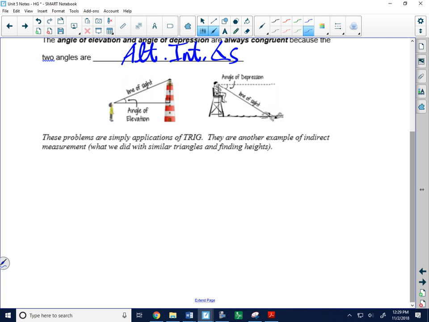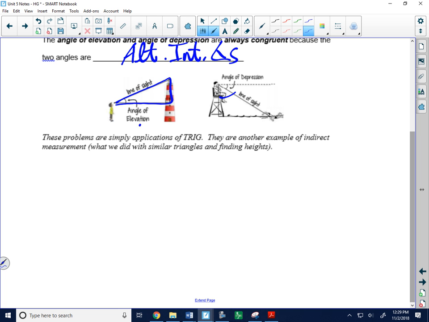Before we do some examples, I wanted to show you two other pictures where they clearly show the angle of elevation and depression. Angle of elevation, usually no problem with that one. Angle of depression, here's what a lot of people want to put. They want to put it in this triangle, the one with the lifeguard.